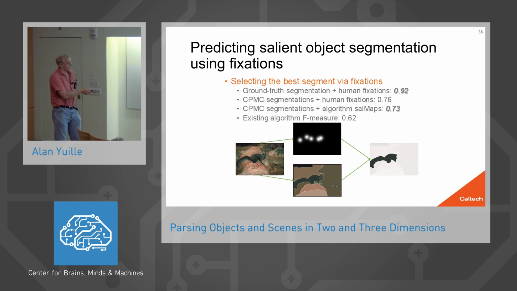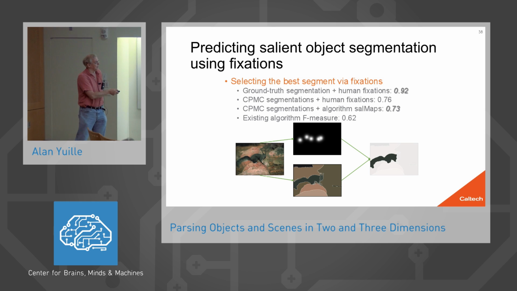You get the salient boundary from the CPMC, then you get the saliency coming out here, and then you get this as a very plausible region to find the object. So here is the CPMC that I've been mentioning, and you get improvements from that.